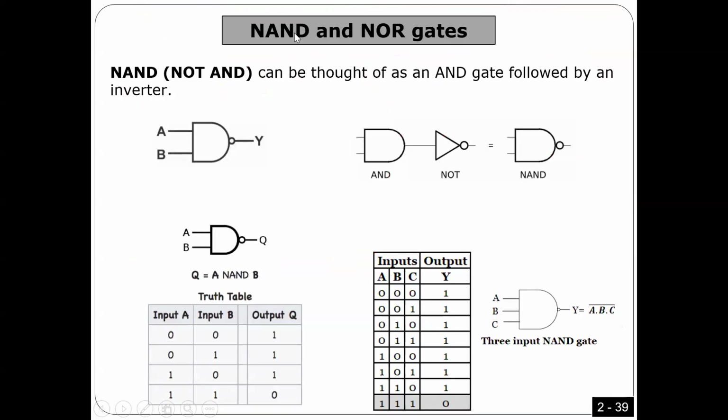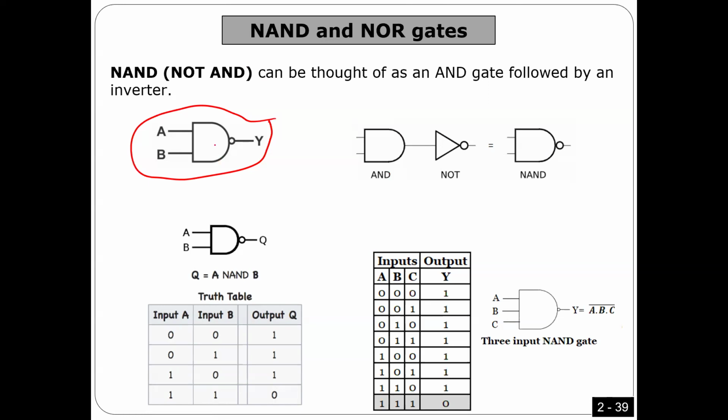The first one is NAND. Actually NAND is actually NOT AND. This gate is called NAND. As I said, we have 3 basic operations. Anything we are going to create is going to be created from the 3 basic operations.